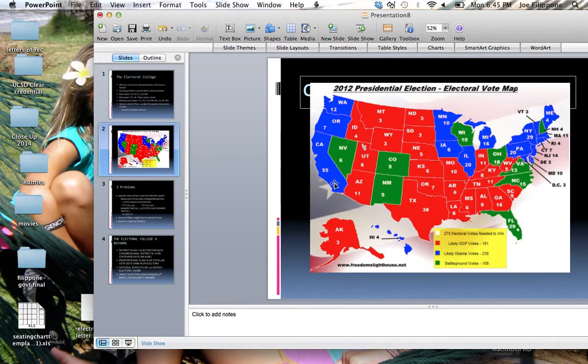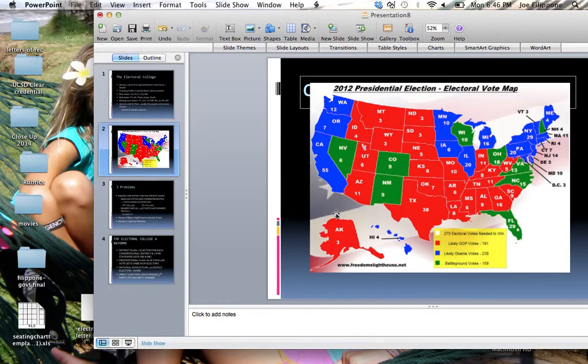If no candidate receives an Electoral College majority, the election goes to the House of Representatives, who choose among the top 3 electoral vote winners. There's only one vote per state. Sorry.